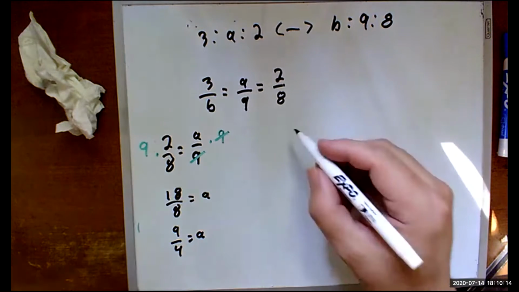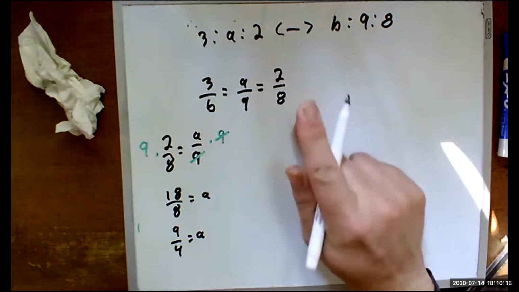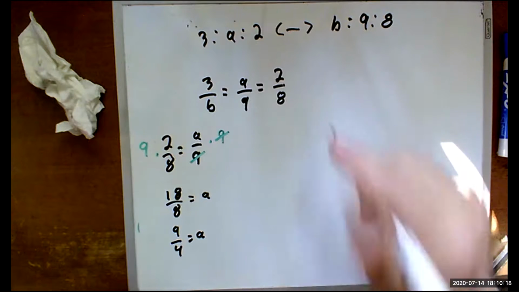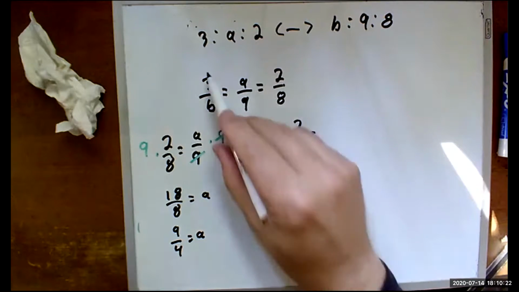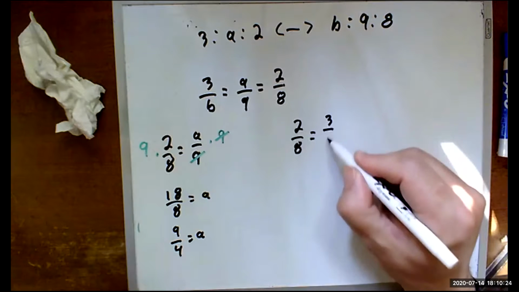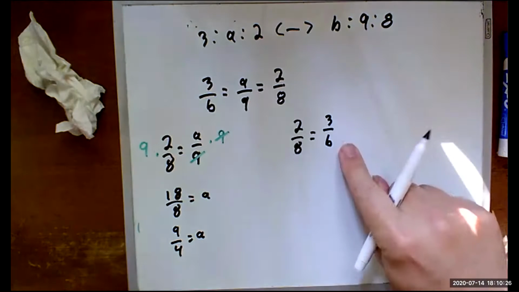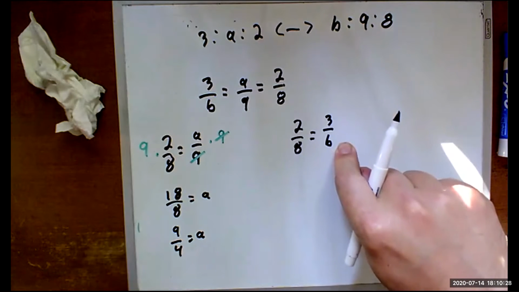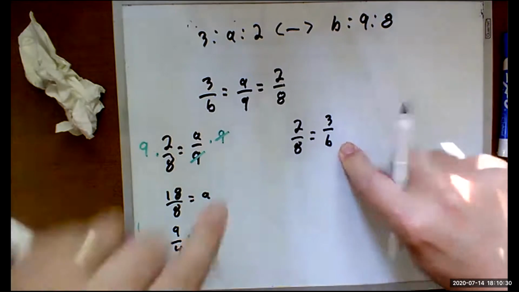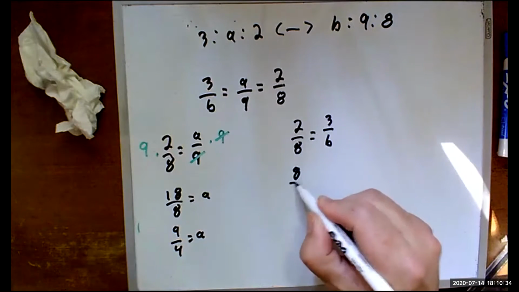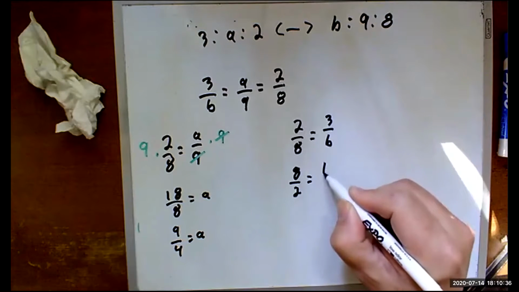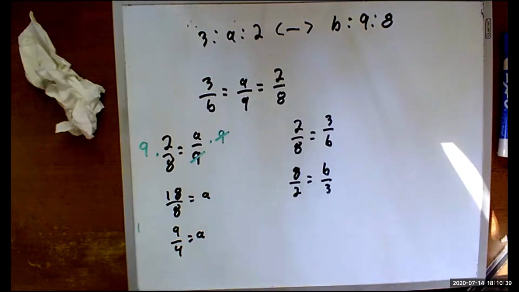I can do it again. Oops, let's make sure we get these things in the right place. 2 over 8 will now be equal to 3 over B. The thing I want is on the bottom. Whenever I see the thing that I want on the bottom, I always flip the entire thing to make my life easier. So I end up with 8 over 2 is equal to B over 3.